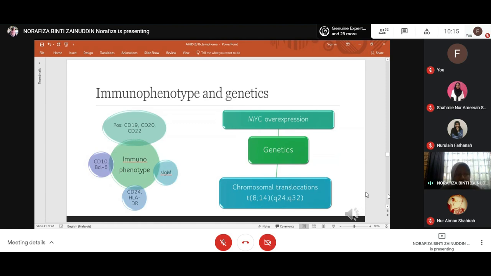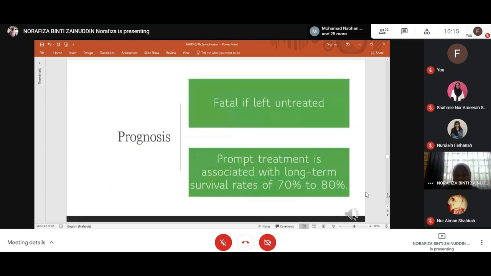Chromosomal translocations occur in virtually all cases of Burkitt's lymphoma, associated with translocation of the long arm of chromosome 8, the site of the MYC gene, and one of the three immunoglobulin genes.